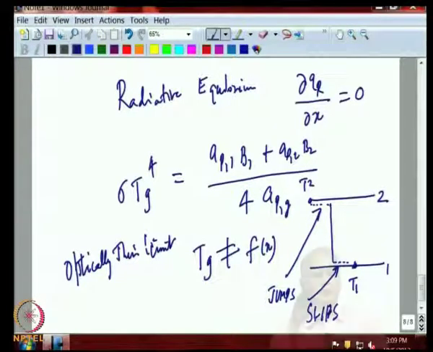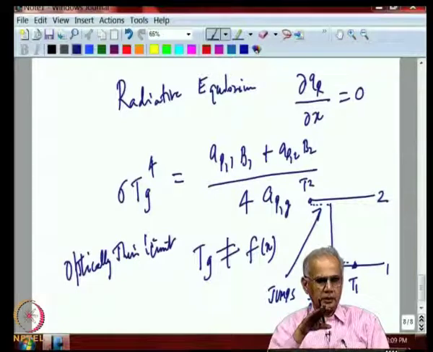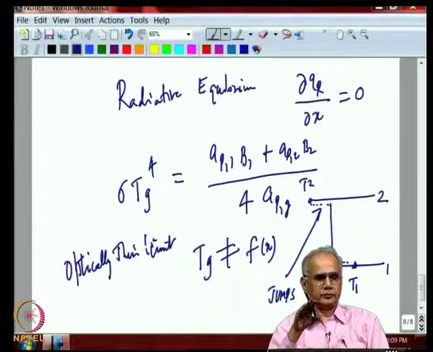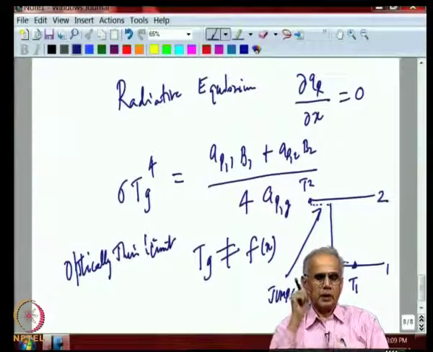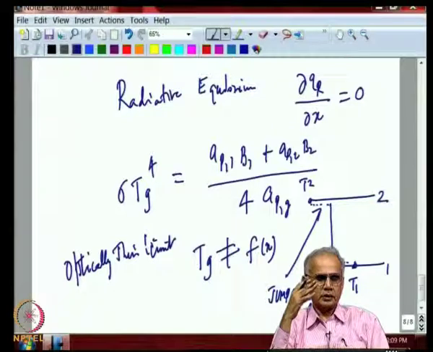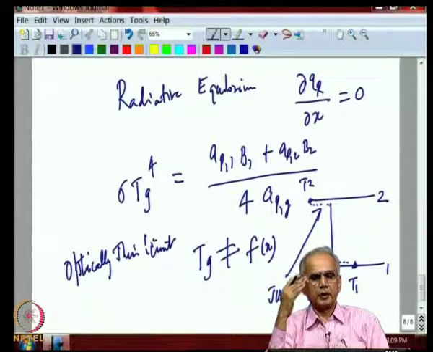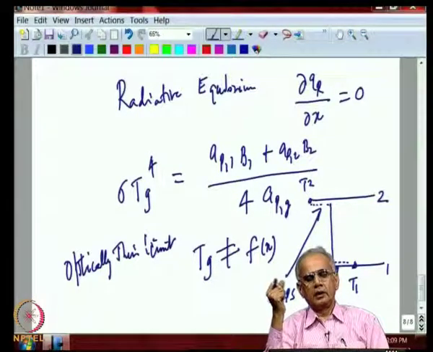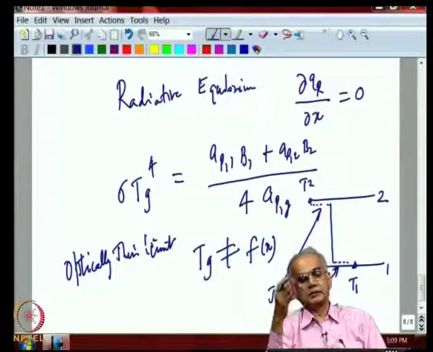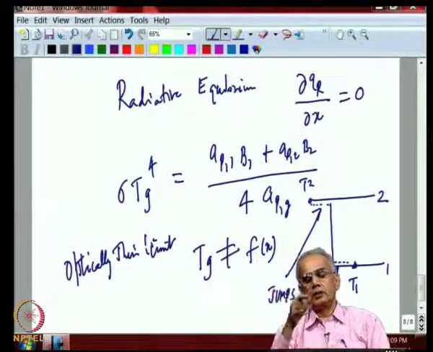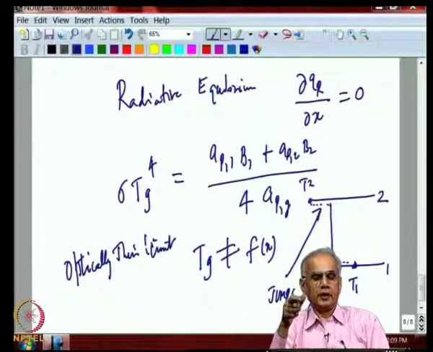But this approximation is not valid for radiation. Now, in this thin limit, the problem becomes rather trivial, because the temperature is not varying in the gas, it is uniform, and there are two jumps which can be evaluated.